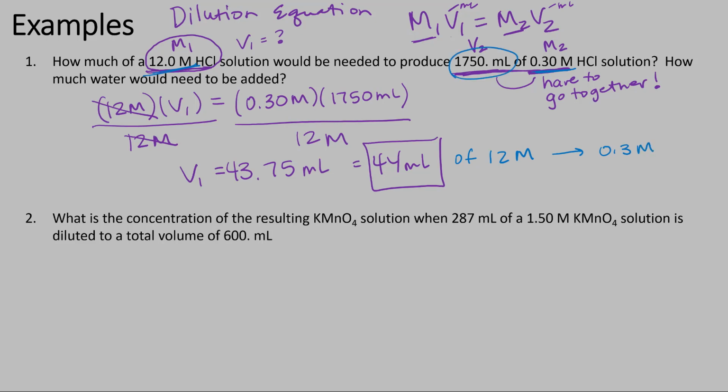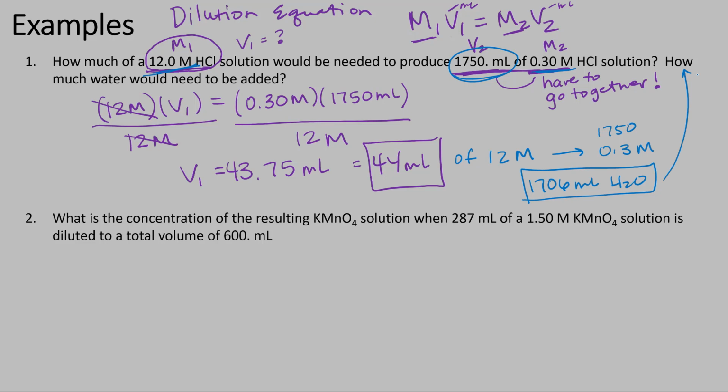And we're going to have 1,750 milliliters of that. So that means that we're going to have to add 1,706 milliliters of water. About, roughly. There is a little bit of a volume change, but we're not going to talk about that.